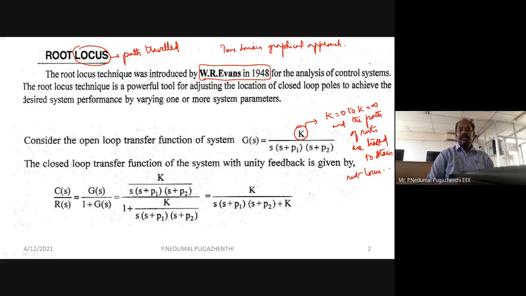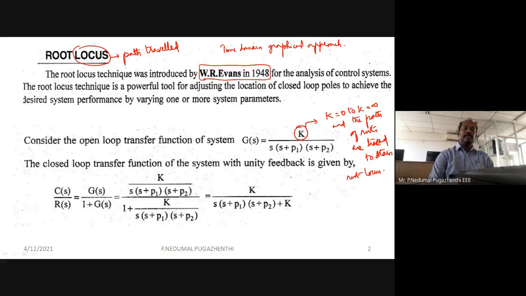For a given transfer function, you vary the gain k from 0 to infinity, and for every value of k, the roots of the transfer function will change. They will take different points. The roots will move, and if you follow the path by which they are moving, you will get a plot, and that plot is termed the root locus.